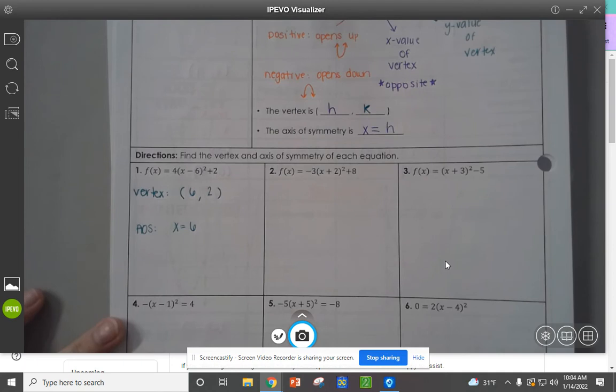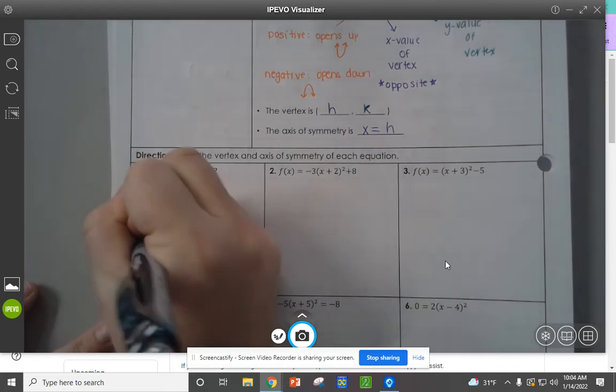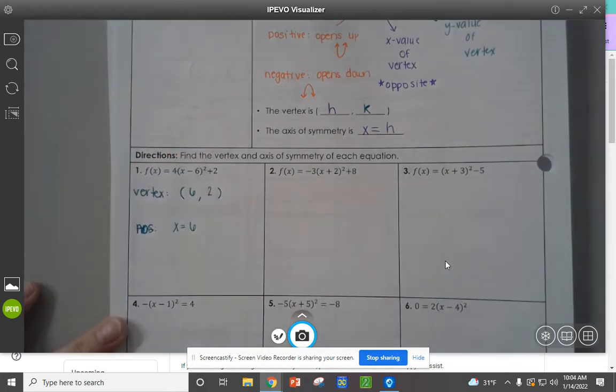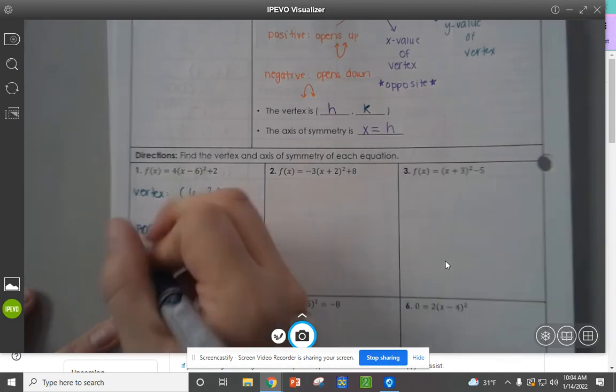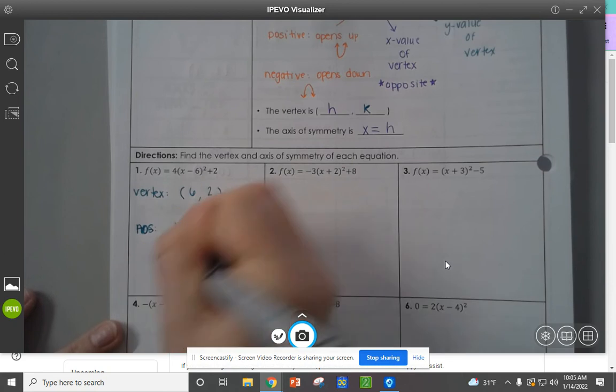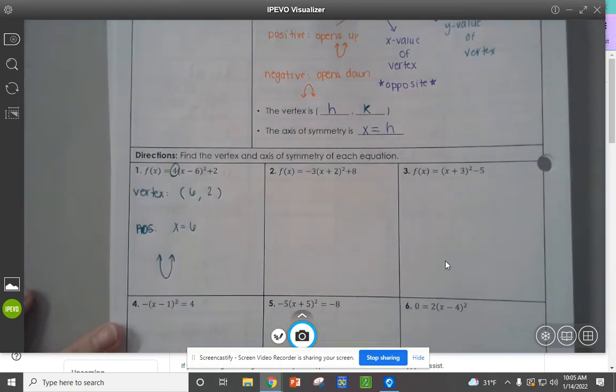I always forget that. You have to put the x equals. This is an AOS, axis of symmetry. Does this parabola open up or down? Up. It opens up because of the positive 4.